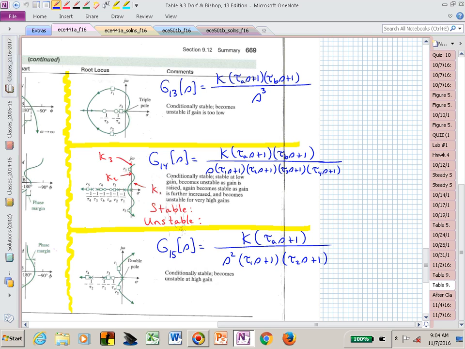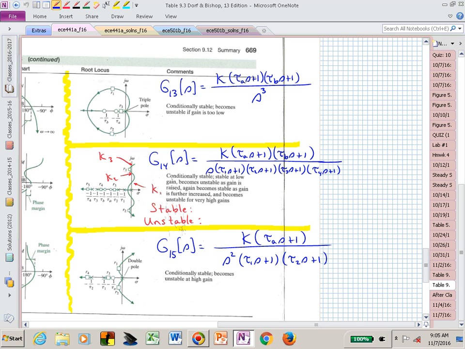In this particular case, we've marked K1 as the gain to get us to that frequency, and K sub 2 gets us to a higher frequency in terms of where those 2 poles cross, they're coming in conjugate pairs, and K sub 3 is the last one.